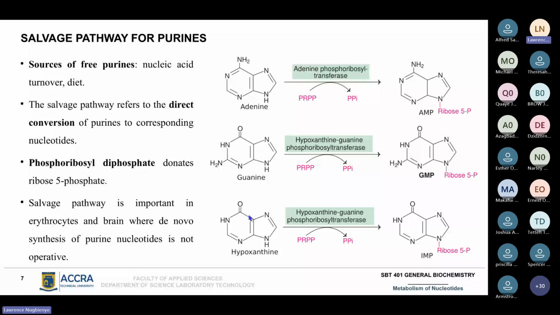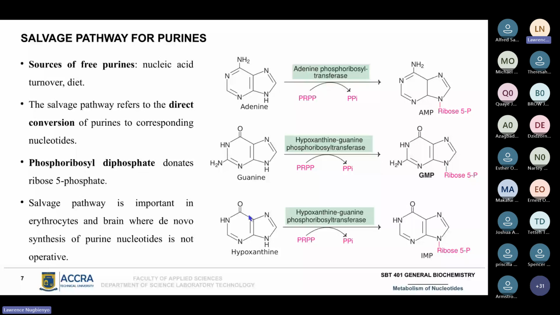In fact, this pathway, which is referred to as the salvage pathway, this recycling path, will occur in some specific cells like erythrocytes, the red blood cells, some leukocytes, some white blood cells, and also in some neurons, cells of the brain.